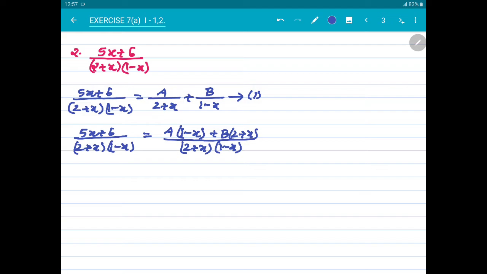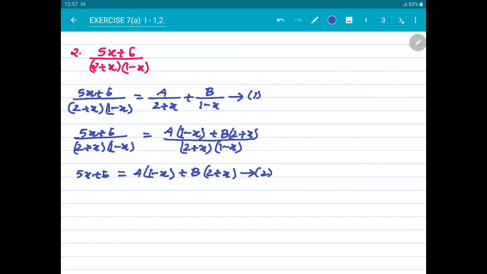The denominators are identical and get cancelled. So the simplification step is 5x + 6 = a(1 - x) + b(2 + x). Suppose this is equation number 2.